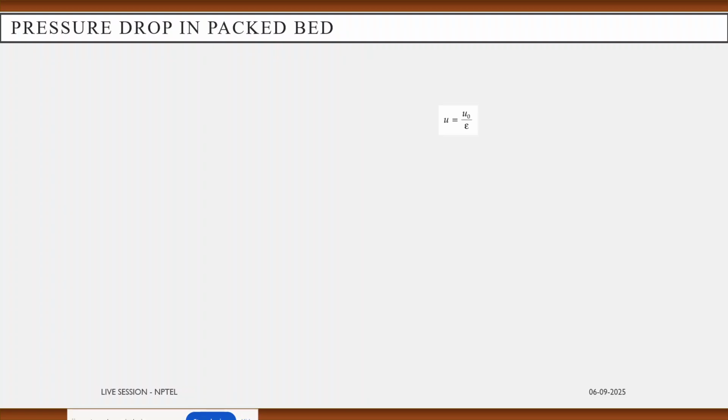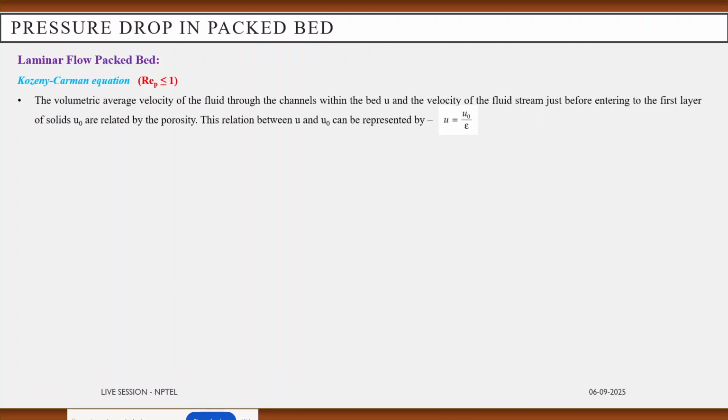Next, we are going to discuss pressure drop in a packed bed situation. There are a few equations that we are going to focus on today, which are very important for calculating pressure drop. The first one is the laminar flow condition in the packed bed, which is related to the Kozeny-Kármán equation. This equation is valid when the particle Reynolds number is less than 1.